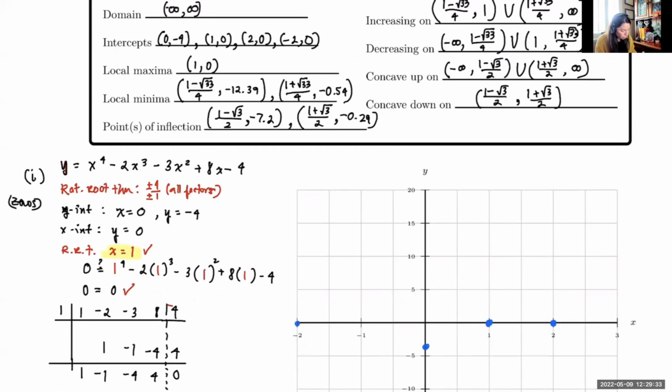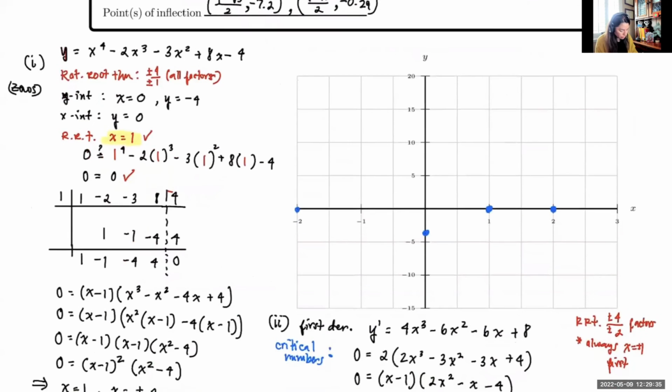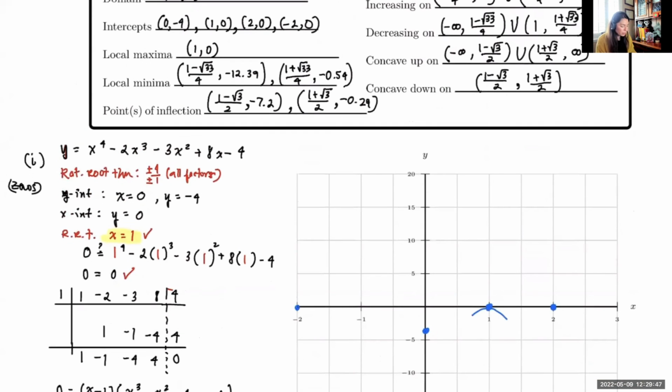We know we have a local maximum at this 1, 0. So we know at 1, 0, it's going to look like a maximum, right? And then local minimum would be at these values here, these points.